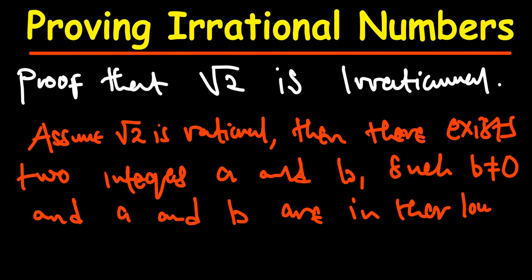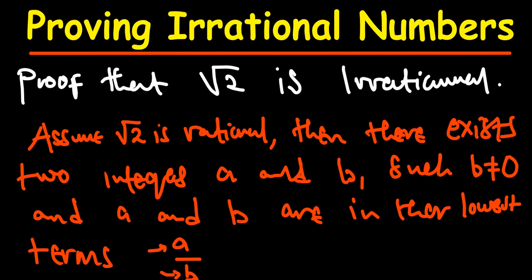What do I mean by lowest terms? It means they do not have a common factor. If I write a over b, there should not be a number that can go into a and can also go into b. They should not have a common factor.